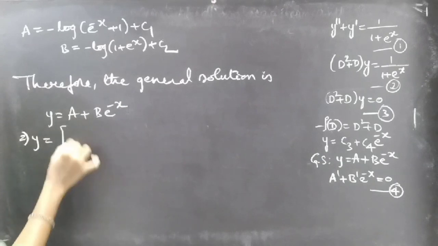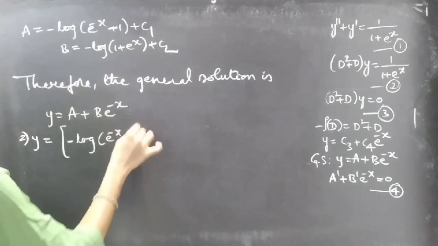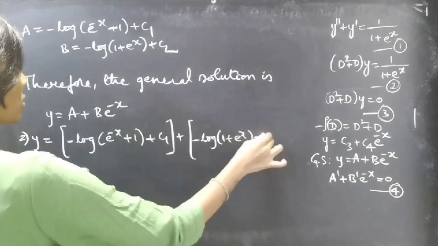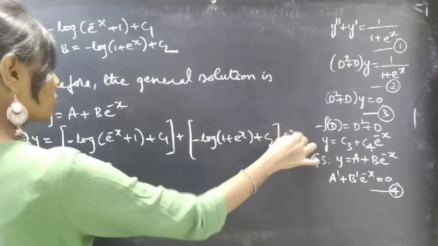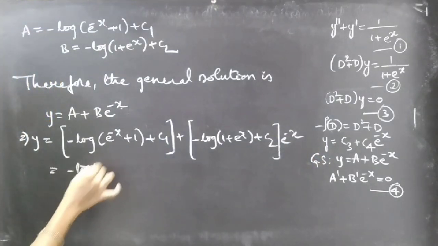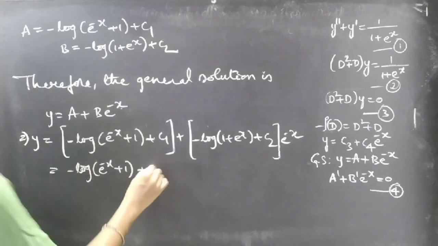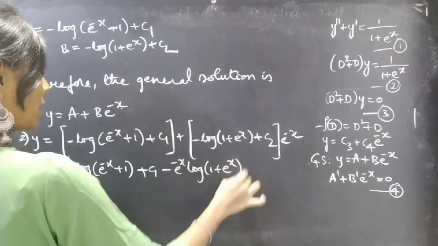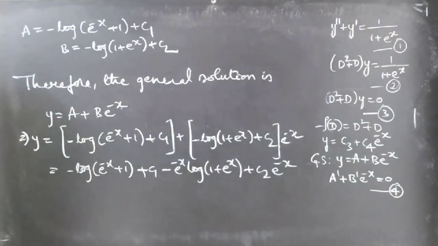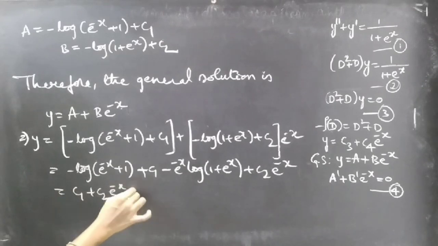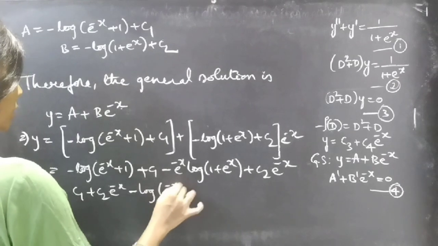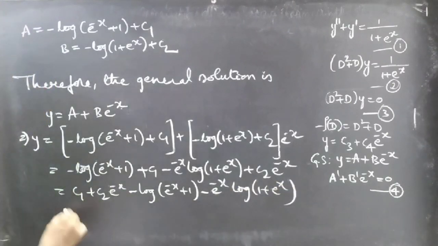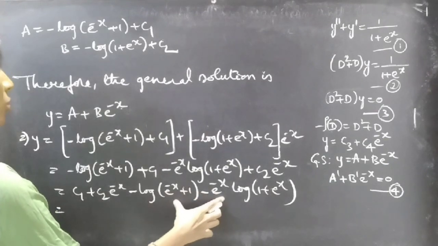Then y equals a, minus log of e power minus x plus 1 plus c1, plus b, minus log of 1 plus e power x plus c2, into e power minus x, which gives us minus log of e power minus x plus 1 plus c1, plus, into minus e power minus x into log of 1 plus e power x plus c2 e power minus x, or we can write this as c1 plus c2 e power minus x minus log of e power minus x plus 1 minus e power minus x into log of 1 plus e power x, or we can take e power minus x common from the last two terms.